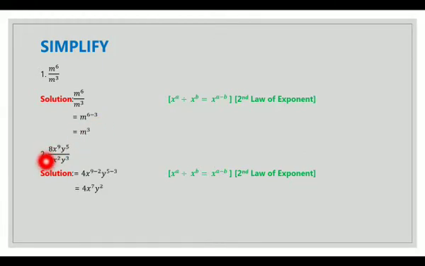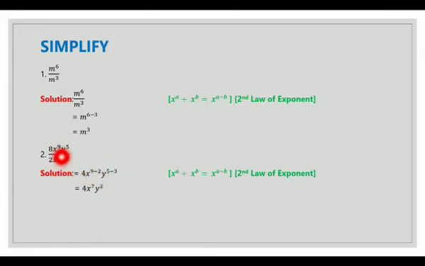The second sum, 8x raised to 9 y raised to 5 upon 2x square y cube. So how do we divide this? 2 fours are 8, so 4. Now here I have to use the second law of exponent, that is x raised to 9 divided by x raised to 2, which comes to be x raised to 9 minus 2.